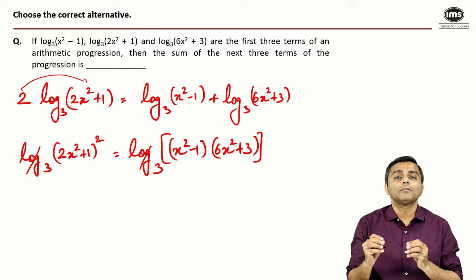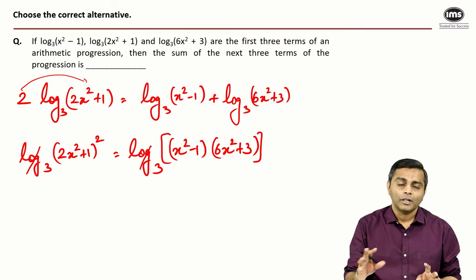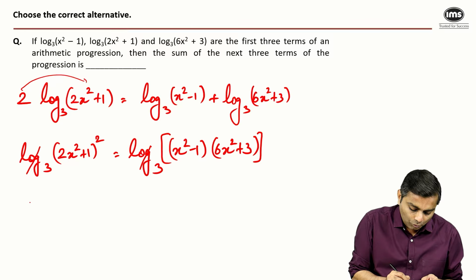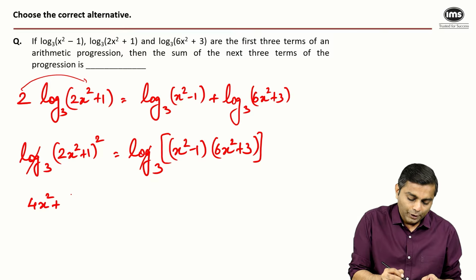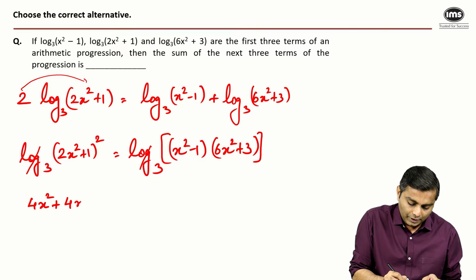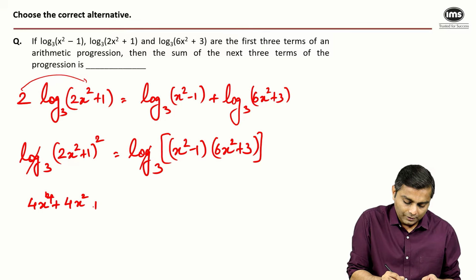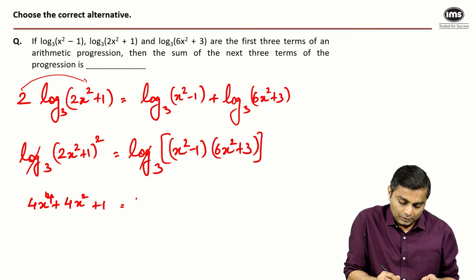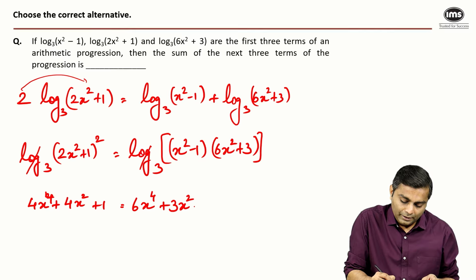So now it is very simple algebraic solving of the expression. So 2x square plus 1 the whole square becomes 4x to the 4, correct? Plus 2 into 2, 4x square, plus 1 square, which is 1. Now this is nothing but x square minus 1 into 6x square plus 3. So 6 times x raised to 4 plus 3 times x square minus 6x square minus 3.